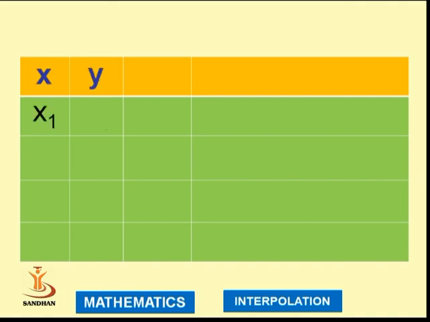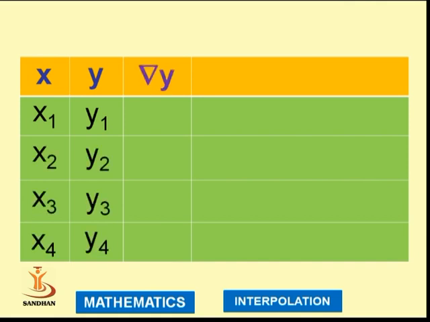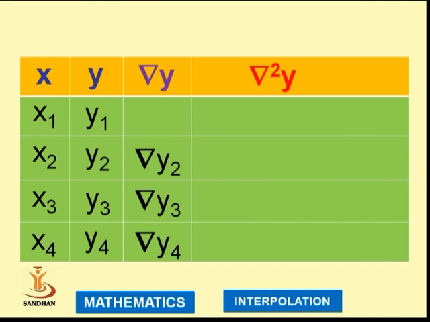Let's have a look at it in the tabular form for better understanding. Given the values x1, y1, x2, y2, x3, y3, and x4, y4, we had already earlier computed the three first order backward differences, that is Δy4, Δy3, and Δy2. Now we have the task of computing the second order backward difference.